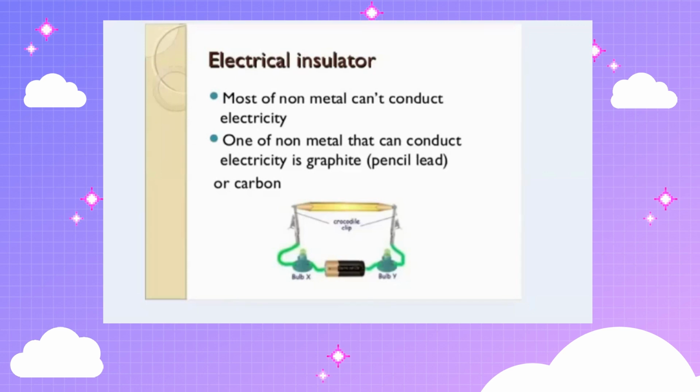Wood is an insulator, so it does not let the current pass through. If you sharpen it a bit and attach the inside to the pins, the bulb will glow. But if you attach the wood to the pins, the bulb would not light up because wood is an insulator. Let's move on.